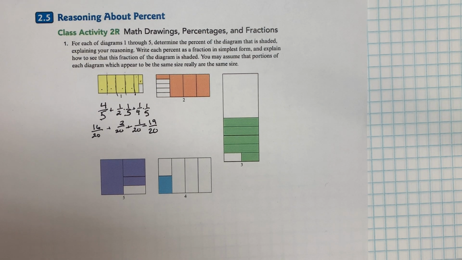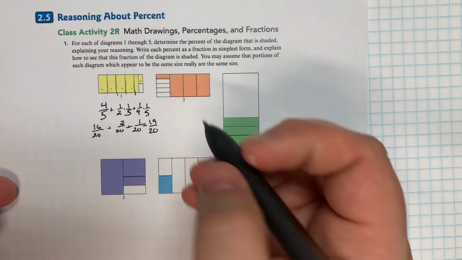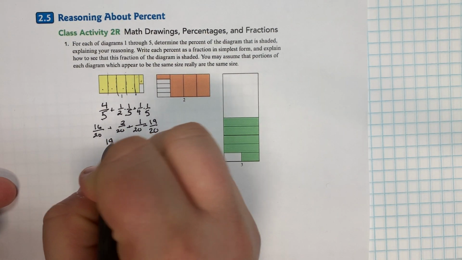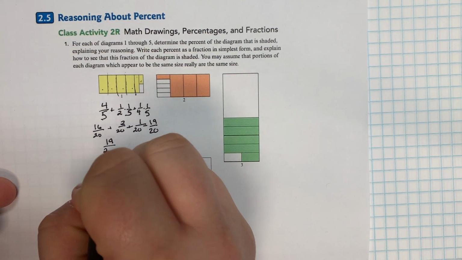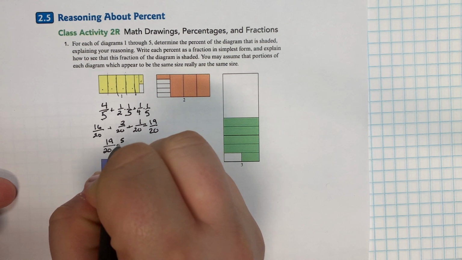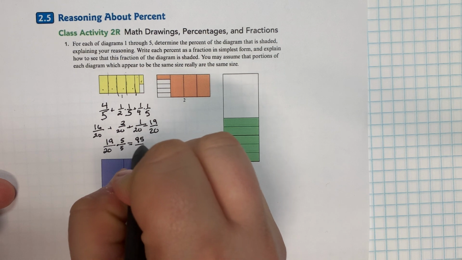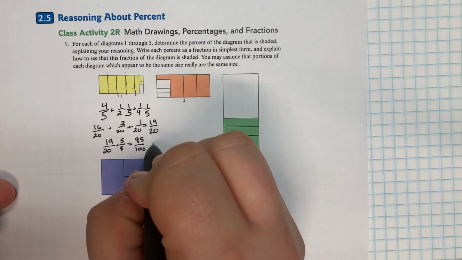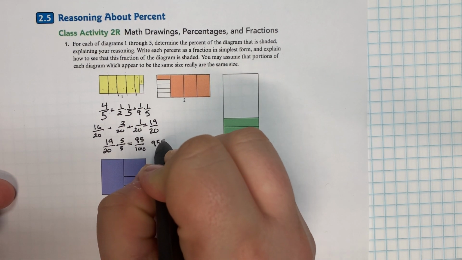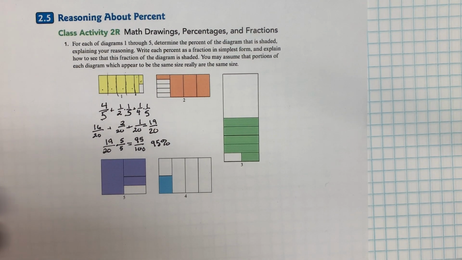If we multiply the top and the bottom by 5, so 19/20ths times 5 over 5, we get 95 over 100, or 95%.